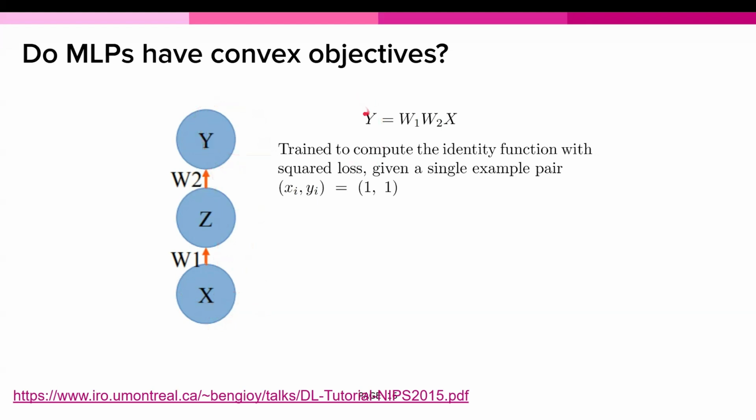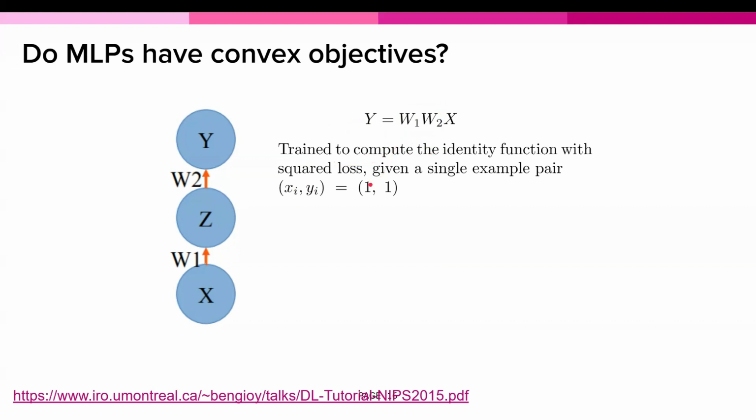Mathematically we can describe this network's operation with the equation y = w1 times w2 times x. The weight between x and z is w1, and the weight between z and y is w2. So y is w1 w2 x. And w1 and w2 are the weights that we're trying to learn.